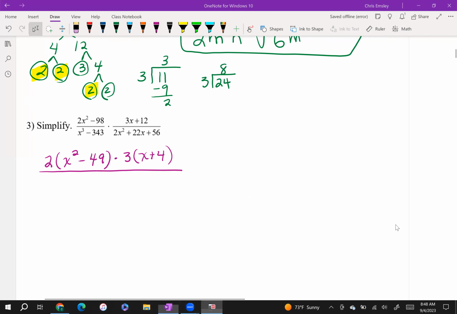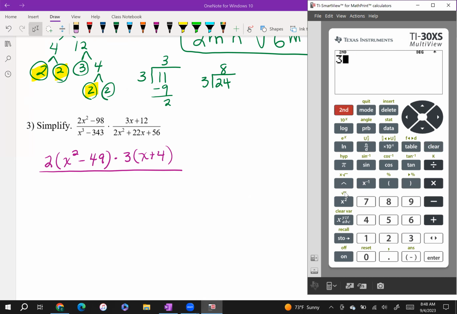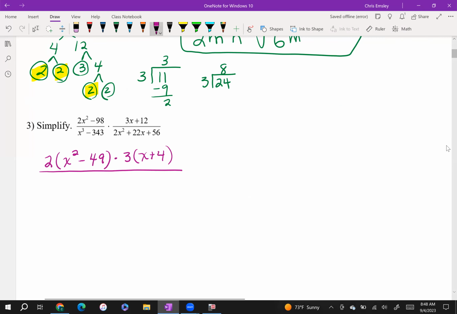Let's find out. If we take the cube root of 343, we get 7, yes. So that is the difference of two cubes. And we have a formula for that. It is a minus b times a squared plus a times b plus b squared.